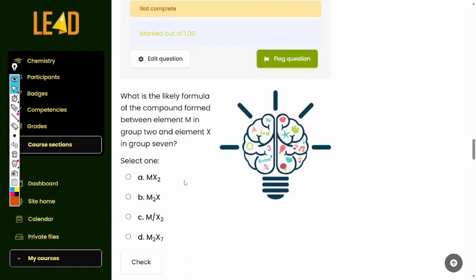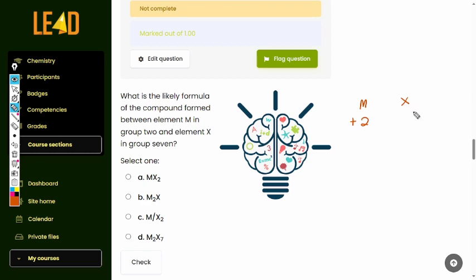56. What is the likely formula of a compound formed between element M in group 2 and X in group 7? So let's see. M is in group 2, which means it has 2 electrons outside, right? So it's most likely a metal because it will lose those 2 electrons when it combines. Now, X is in group 7.